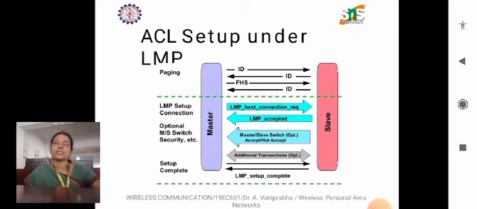Asynchronous connectionless setup in Bluetooth communication focuses on the layers mentioned here: the link manager protocol, host controller interface, and L2CAP, the logical link control and adaptation protocol. So this way, the ACL or asynchronous connectionless setup can be segmented. The first one is link manager protocol.